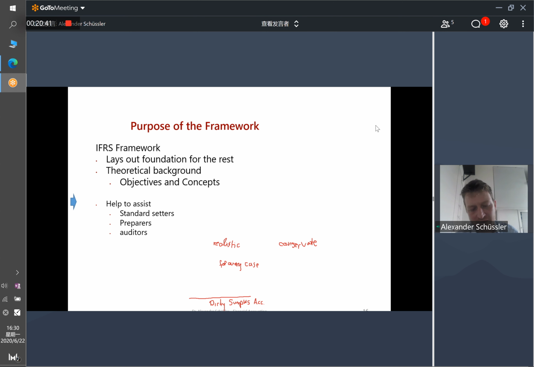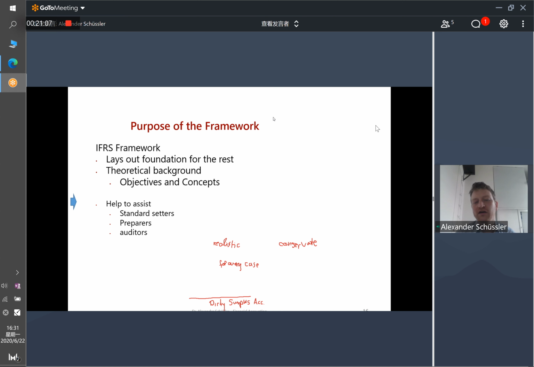Also, when there is no standard for something, yeah, we want to know something and there is no standard, then you can go back to the framework.